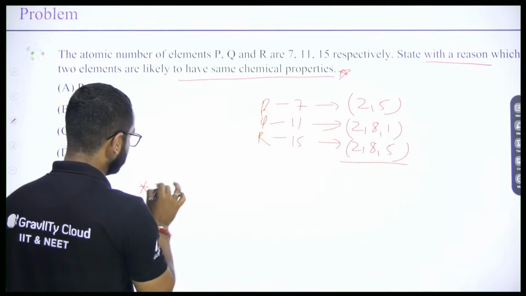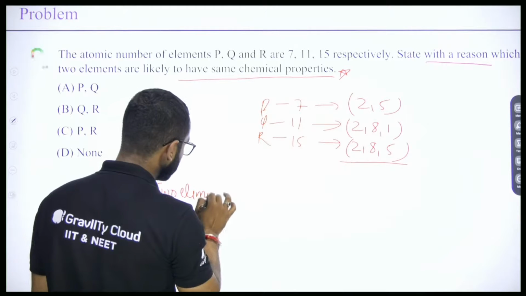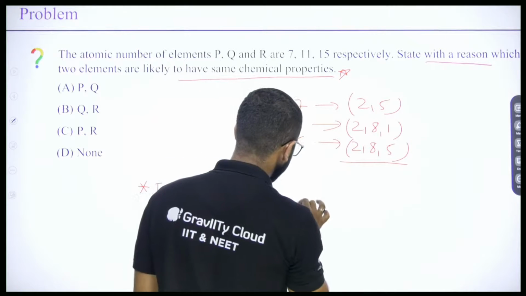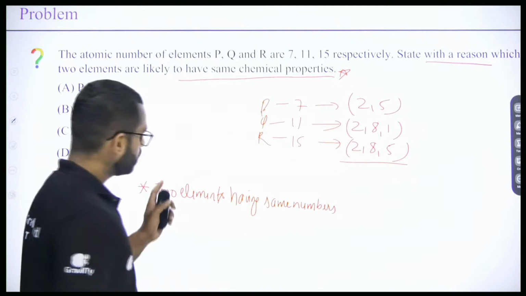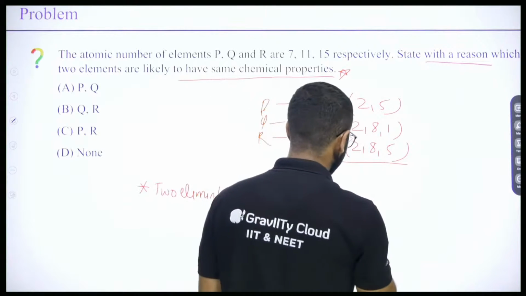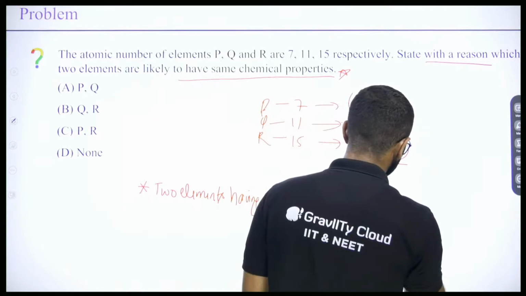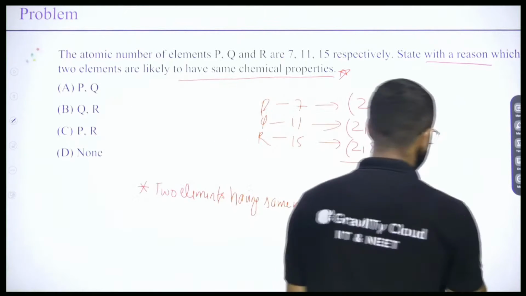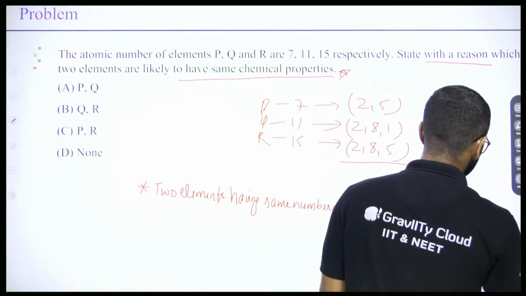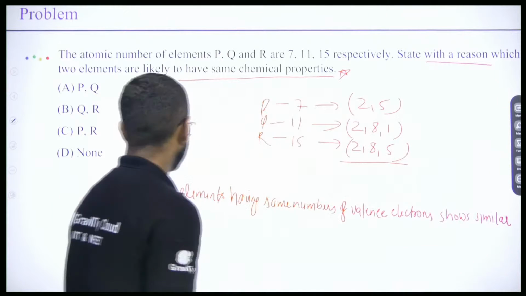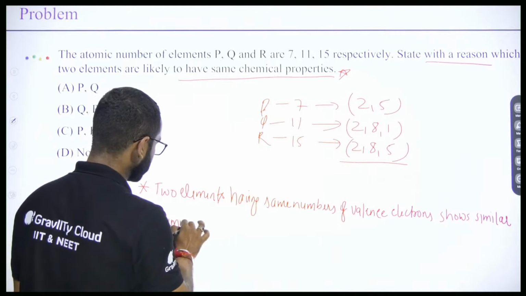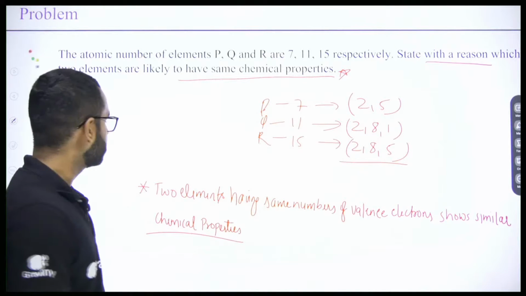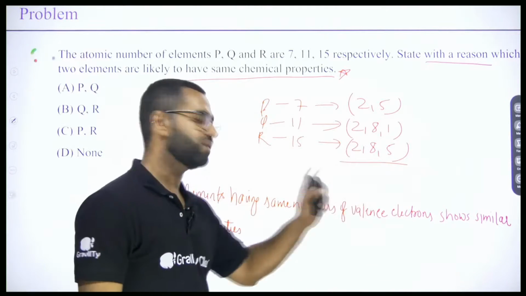So write it here: two elements having the same number of valence electrons show similar chemical properties.